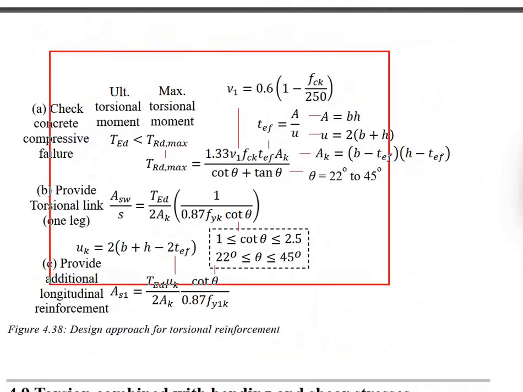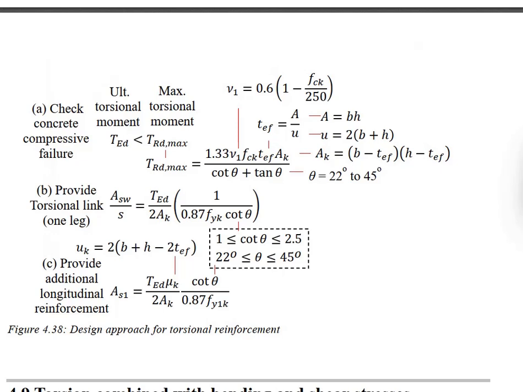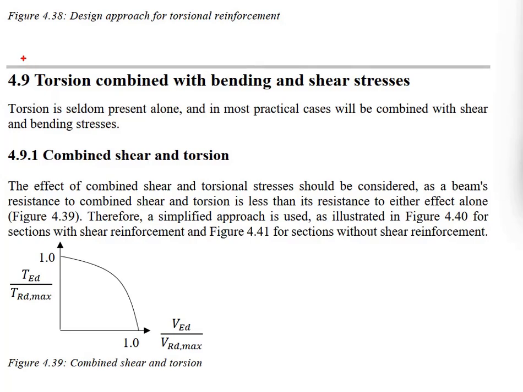This explains the basic principles of designing a torsional resistant member. Having this basic principle understood, in our following videos, we're going to discuss the actual applications for the design of the torsional resistant member, especially when the torsion is in combination with the bending and also shear stress, which is most likely the case that you encounter in reality.